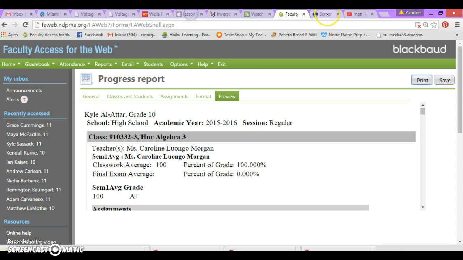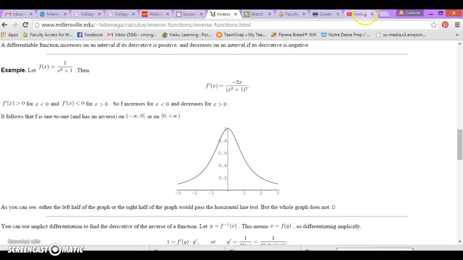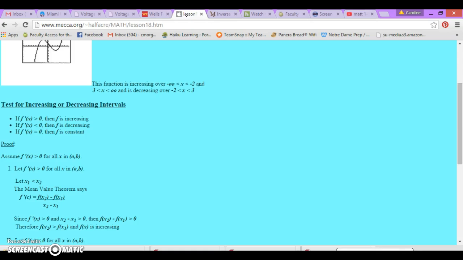Here we're testing for increasing or decreasing intervals, right? But it doesn't say that if f of x is increasing, then f prime is increasing. It says if f prime of x is greater than 0, if f prime of x is positive, then f is increasing, okay?